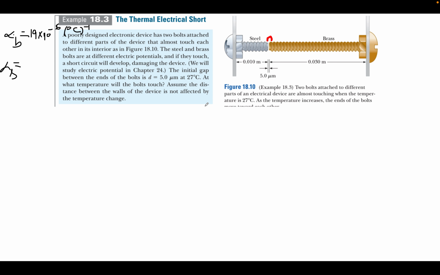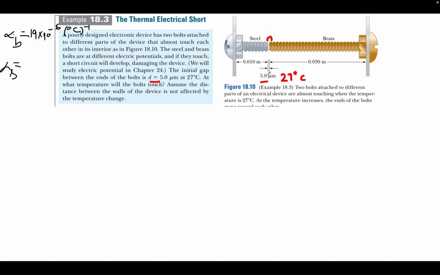It is a poorly designed device with two bolts. The initial gap between the ends is 5 micrometer at 27 degrees Celsius. So we have to calculate the temperature at which they will expand to cover this gap.